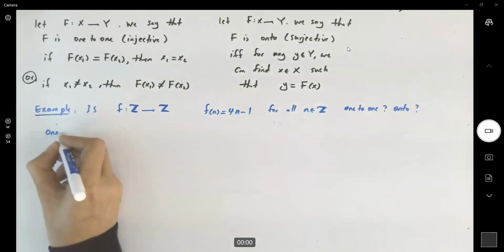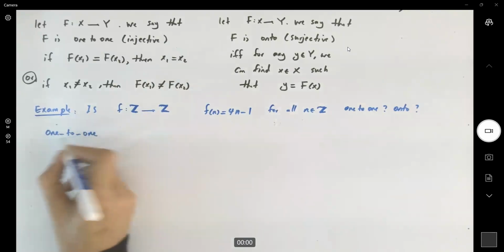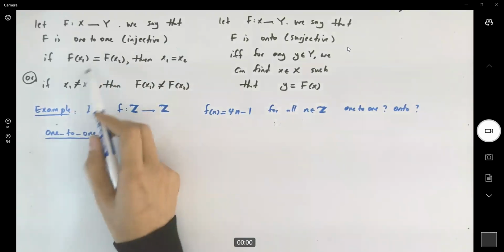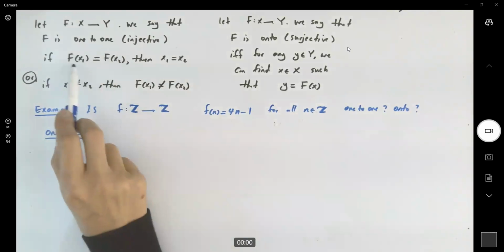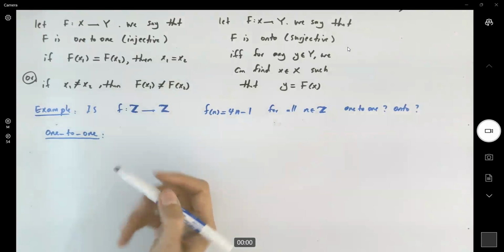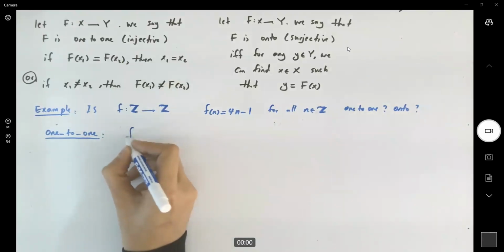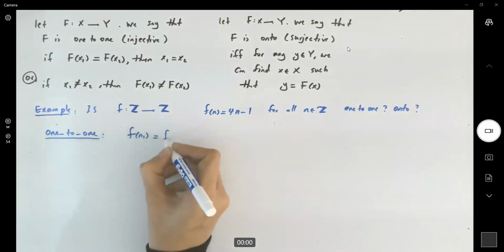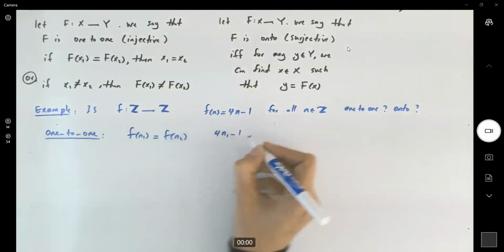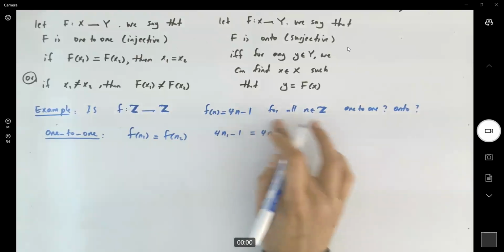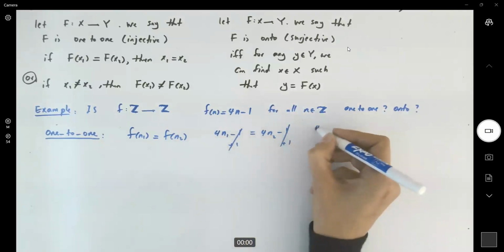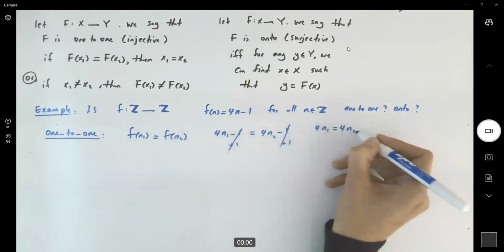So for one-to-one, let's follow the definition. You can use this one or this one, it doesn't matter. If f of x1 is equal to f of x2, you need to show that x1 and x2 are equal to each other. So here you have f of n1 equals f of n2. Y values are the same. It means that 4n1 minus 1 is equal to 4n2 minus 1. So add 1 to both sides. You get 4n1 equals 4n2.